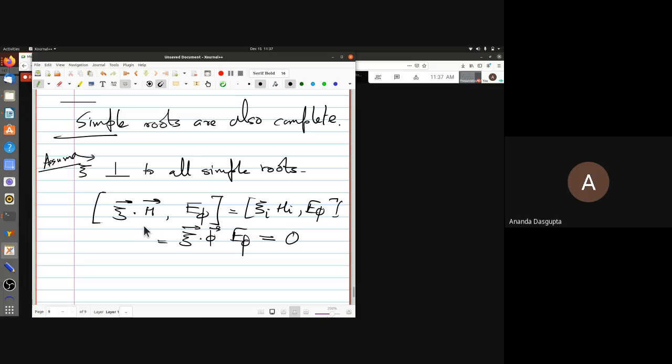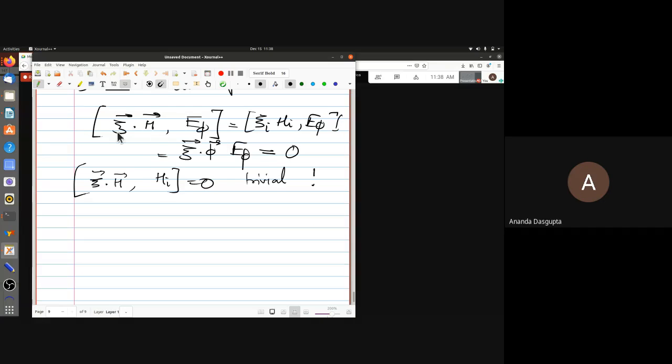Fine, but why is that a problem? If you have an operator in your space which commutes with all the E phi's, and xi dot h has to commute with all the Cartan subalgebra elements as well, right? So what do you have? That's trivial, because all the h_i commute with all the h_j.